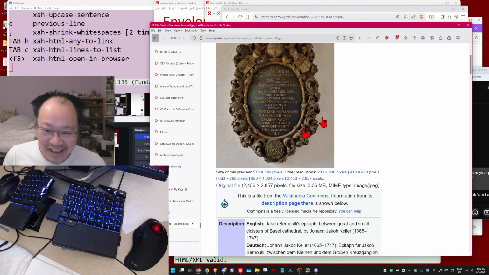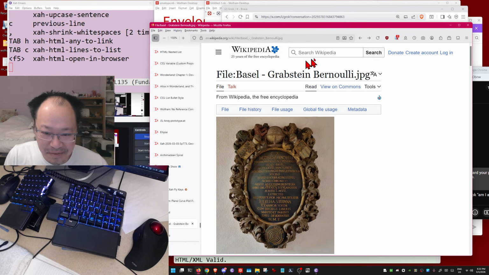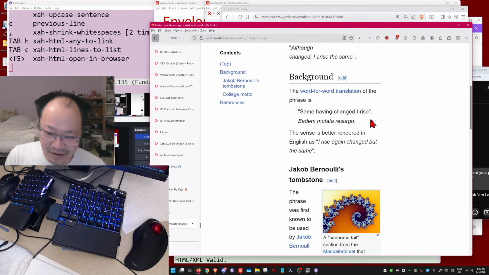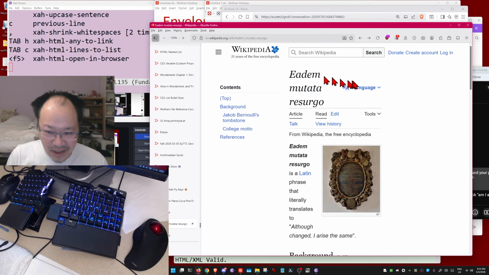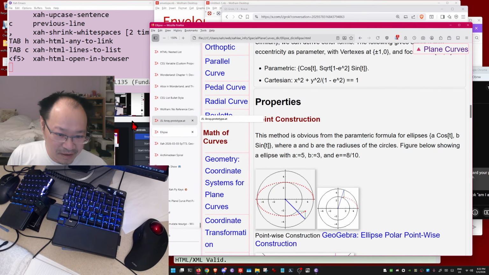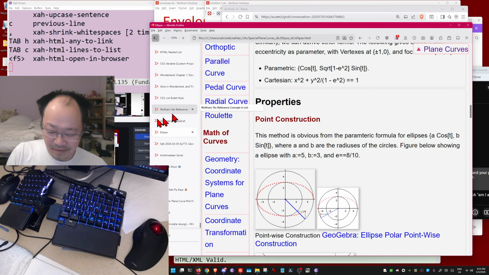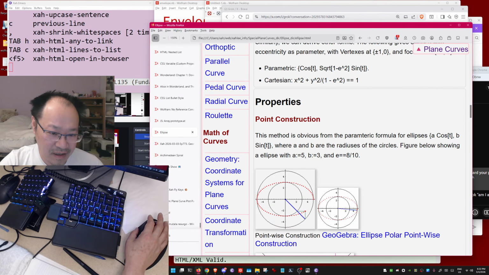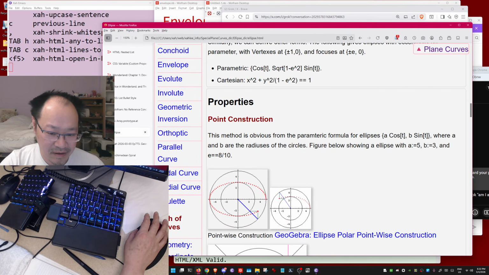I talked about this like two years ago. I told this story. You can go to Wikipedia. This is Latin, Eadem mutata resurgo, something like that. It's an interesting mathematical fact.